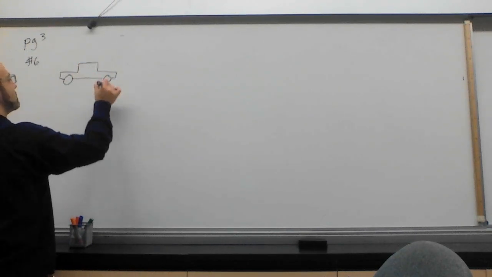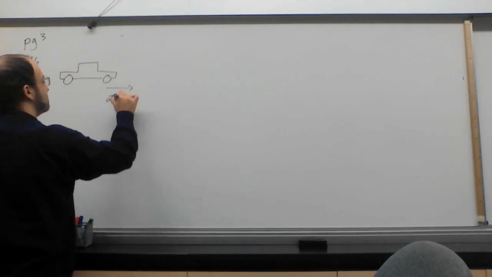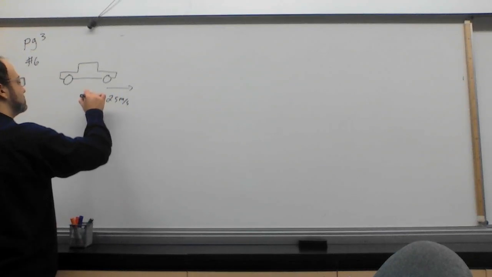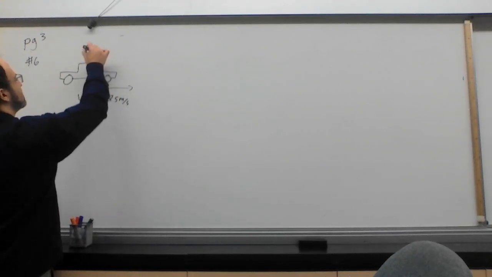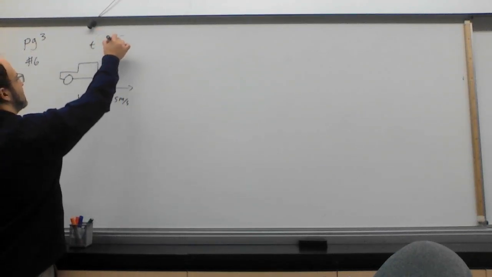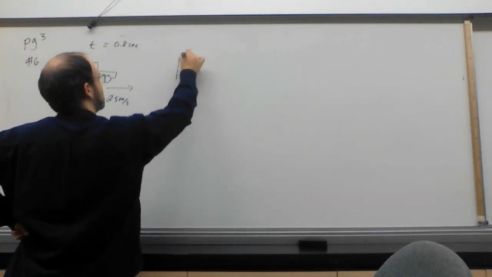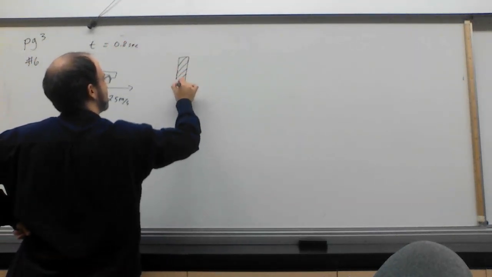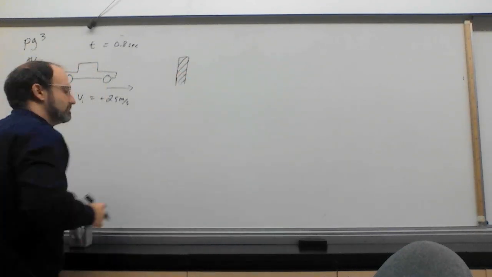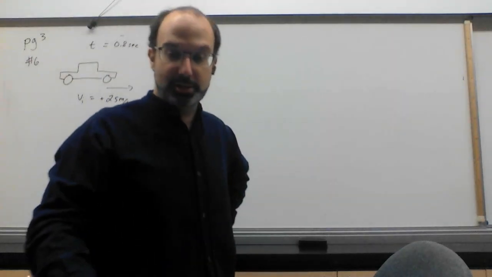Okay, and the car is moving along at 25 meters per second. We'll say that's positive. That'll be initial velocity. And then it also tells us a time of 0.8 seconds because somewhere in the distance there's some kind of barrier, and she apparently doesn't want to hit it. Who knew? People don't like getting in car accidents.